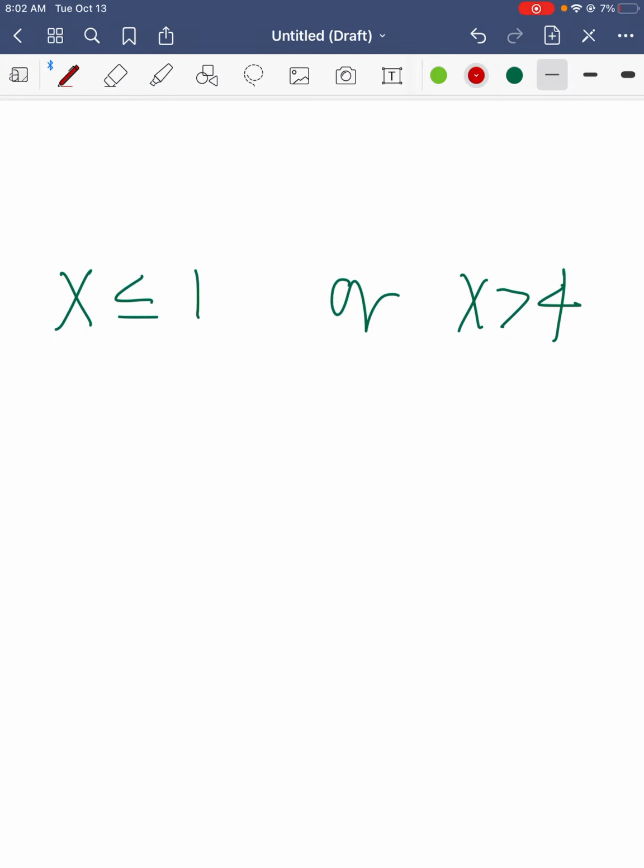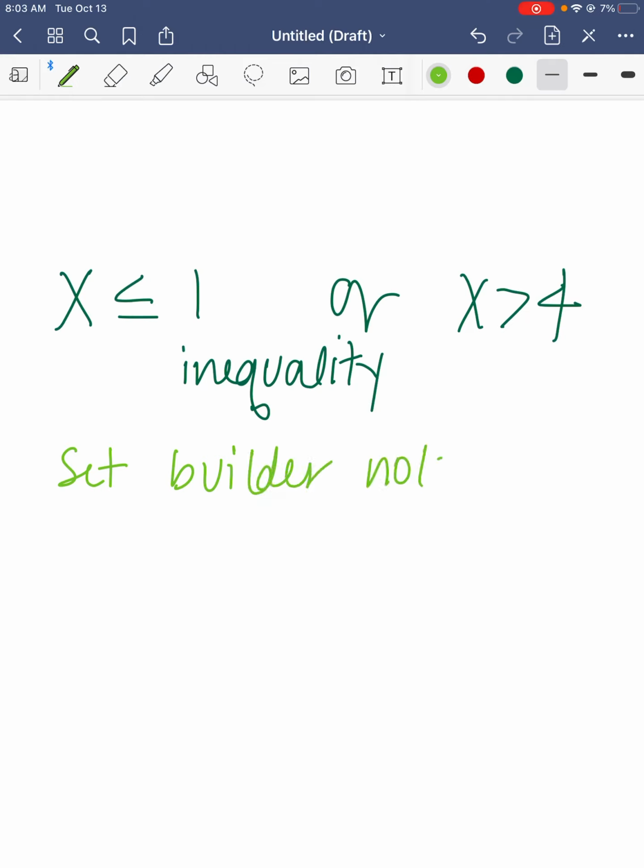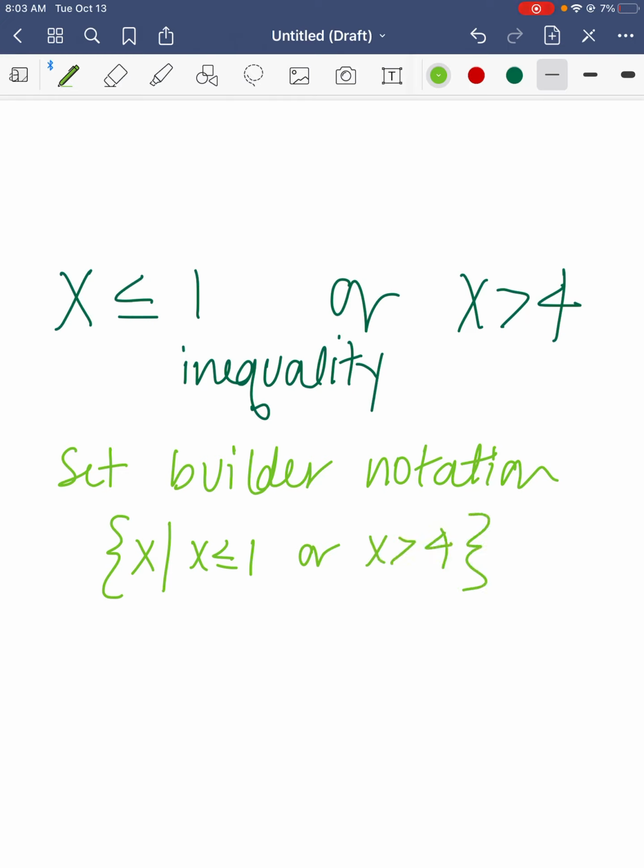Let's start with this or here. So we have this x is less than or equal to 1 or x is greater than 4. So this is our inequality. Okay, in set builder notation, we would write this as all values of x such that x is less than or equal to 1 or x is greater than 4, because we can't combine these either way.